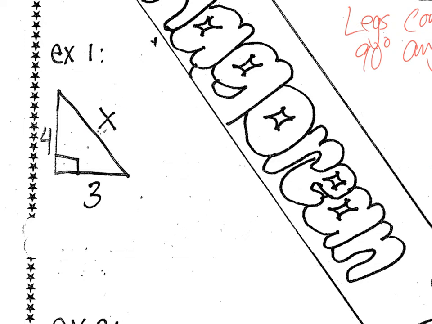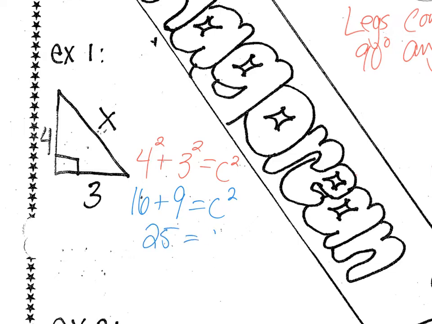So the way that I do this is I take 4 squared plus 3 squared equals c squared, because c is the length of that side, or x, or whatever that is. Now I just follow my steps. 4 squared is 16, plus 3 squared is 9, still equals c squared. 16 plus 9 is 25, is equal to c squared.